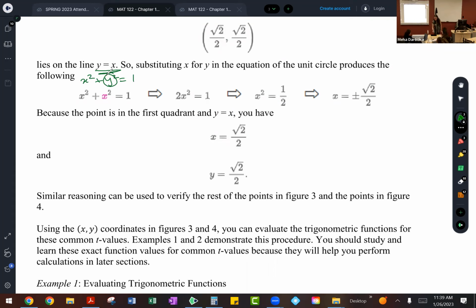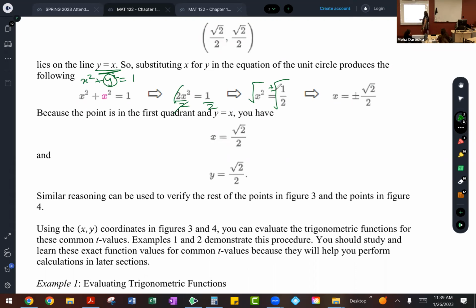Divide both sides by 2, and you get x squared equals 1/2. Since this is a square, we take a square root, which gives us 1 positive and 1 negative root. Rationalize your denominator, and it comes out to be square root of 2/2 with the plus and minus sign. So they're using simple algebra just to show you how you can come up with these x and y coordinates on your unit circle.